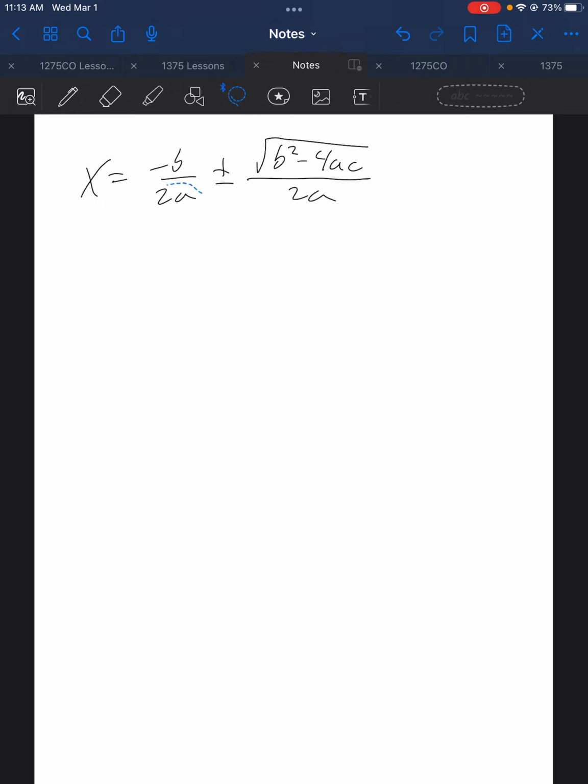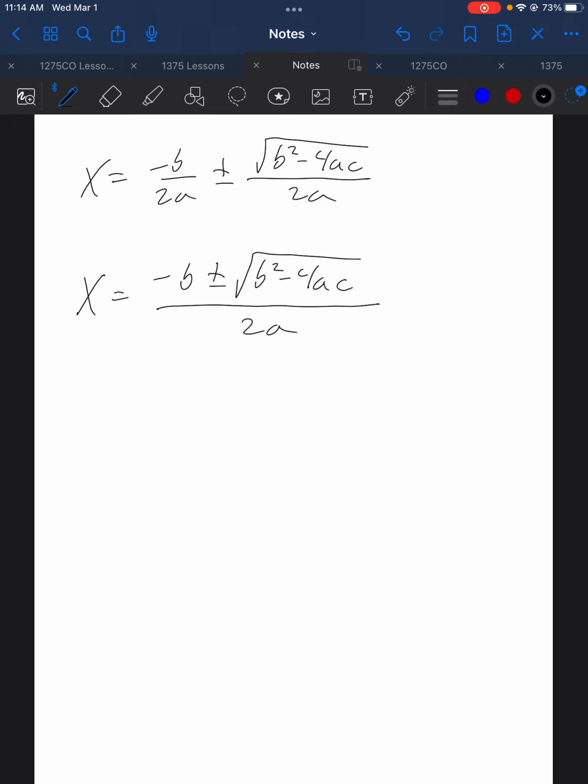And since these denominators are the same, we do not need to manipulate anything, and we end up with x equals, on the numerator, negative b plus or minus the square root of b squared minus 4ac over 2a. That's how we get this one big fraction line, because we're combining these two fractions.